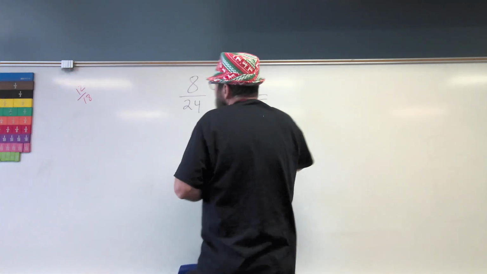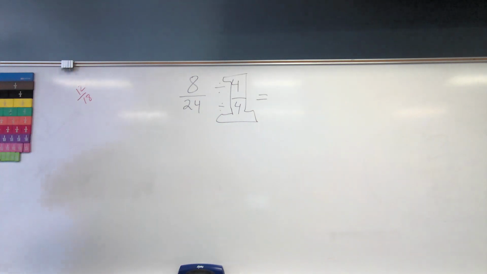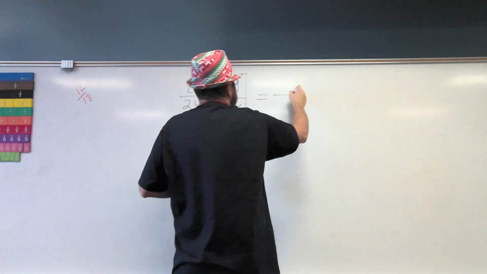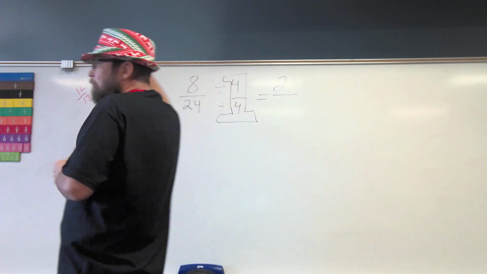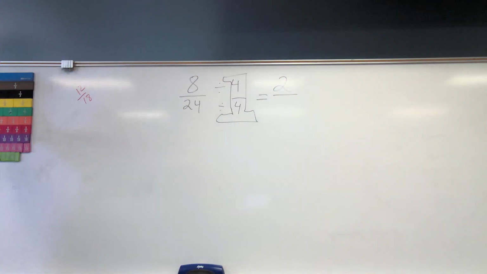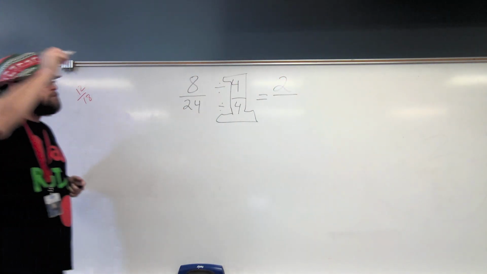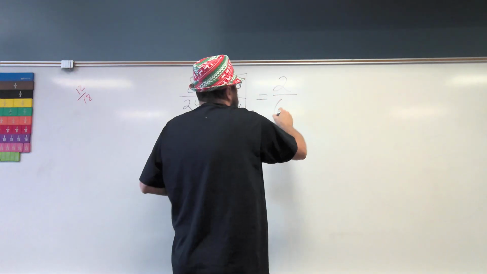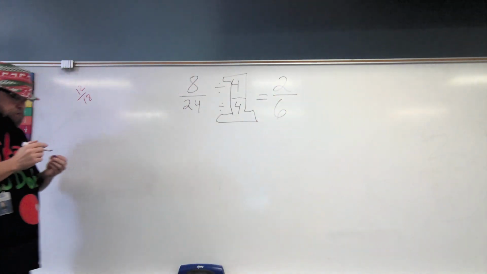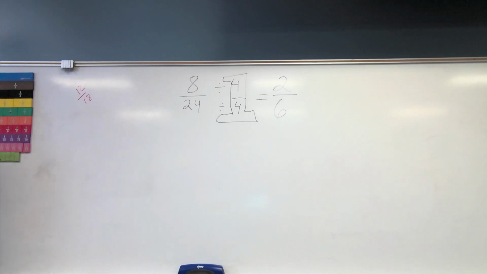So, Kara, what is 8 divided by 4? 2. 8 divided by 4 is 2. Good job, Kara. And Kara, what is 24 divided by 4? 6. All right, Kara, do you think 2 over 6 is now in lowest terms?